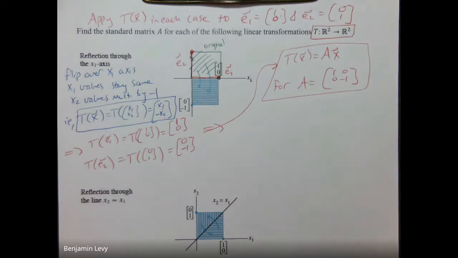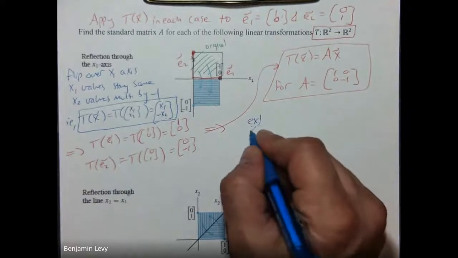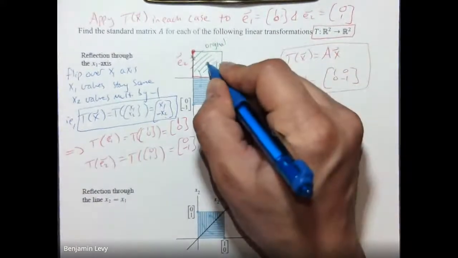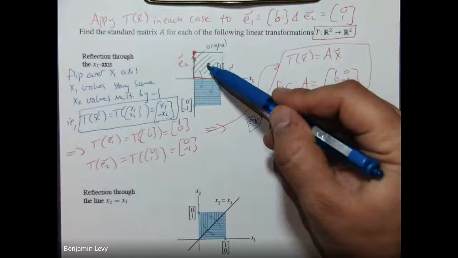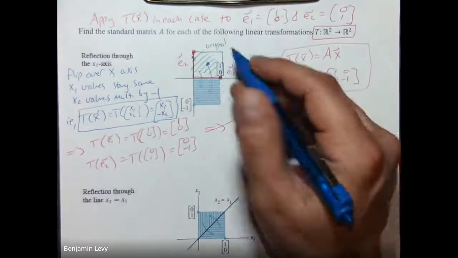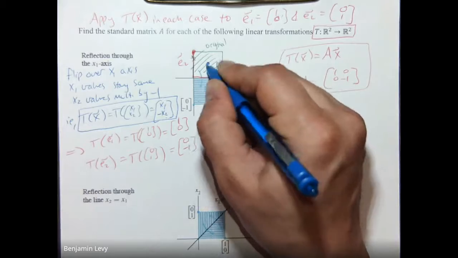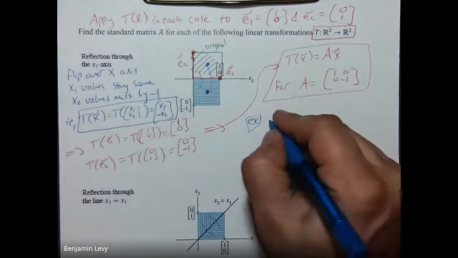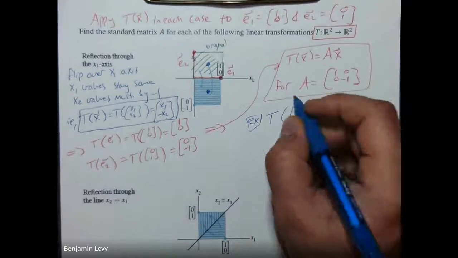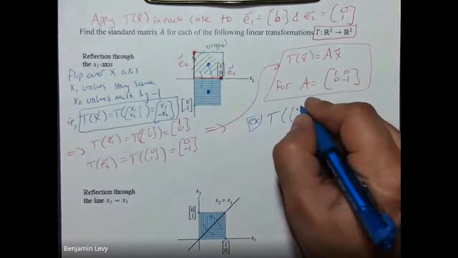In other words, let's apply it. For example, let's see what happened to this dot right in the middle. That's the original box, the green one, and it gets flipped over, and so this dot would end up down here. Let's apply the transformation to that point in the middle, which is (0.5, 0.5).